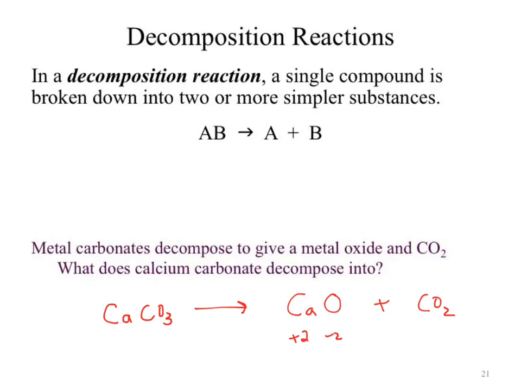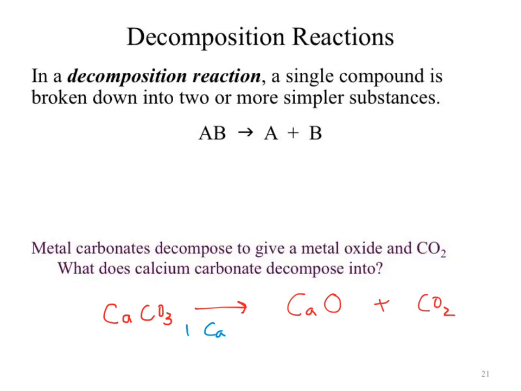CO2. Okay. Oh, that was dumb. I just told you what it was. Okay, what's the name for CO2 then? Carbon dioxide. Okay, so we name that according to its bond, which is a covalent bond. We can now go through and attempt to balance. We'd start with calcium, or carbon for that matter, it's not going to matter.